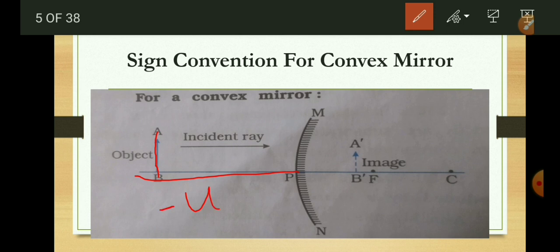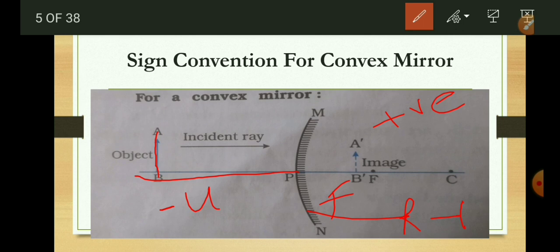will be negative. As the center of curvature and focus lie behind the convex mirror, the signs of radius of curvature and focal length are taken as positive. In case of convex mirror, the focal length and the radius of curvature remain positive, because here the principal focus and center of curvature lie behind the mirror towards the right side, and as we know, anything present towards the right is positive.